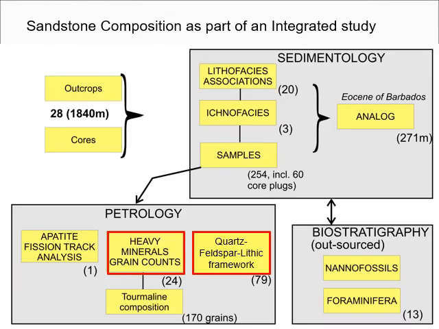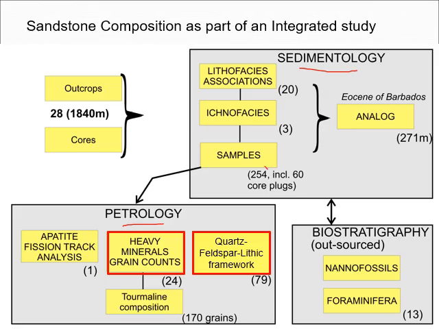So the results that we are about to show really form part of a much larger integrated study that involved, one, largely petrology, as shown here, a bit of petrographic analysis, heavy mineral analyses. Sedimentology was a big part of this, looking for lithofacies relationships between the different rock types. The study of ichnofabrics, also ichnofacies.